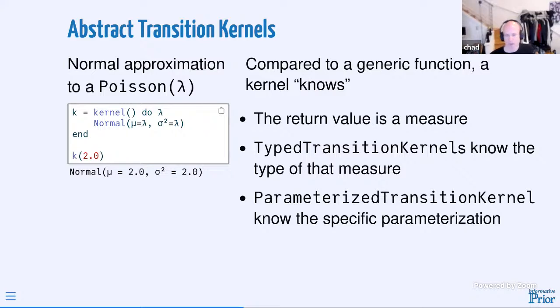And we don't know a priori which of these we'll get. This depends on the compiler. So we've set this up so that the semantics are identical, whichever of these you get. It just will be a difference in performance. If you end up with a parameterized transition kernel, that's obviously the best possible case. We want that to be as stable as possible.